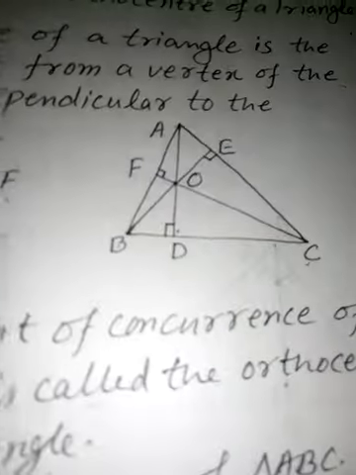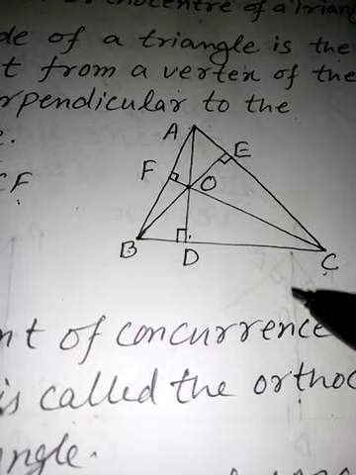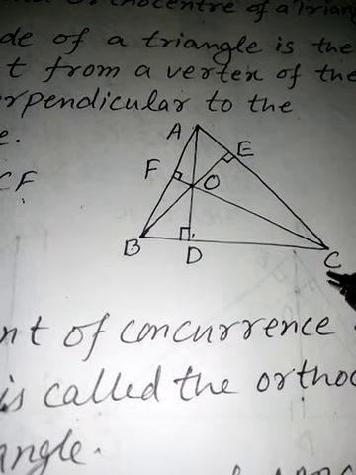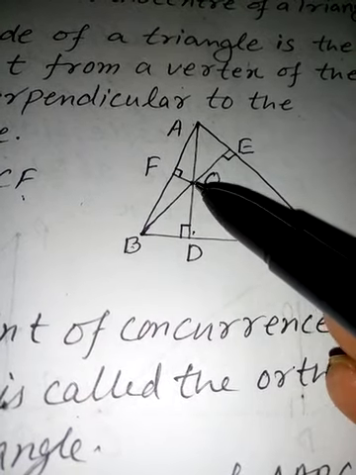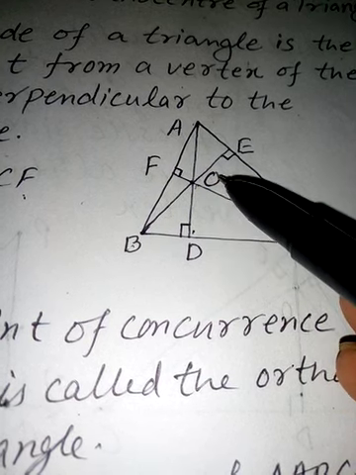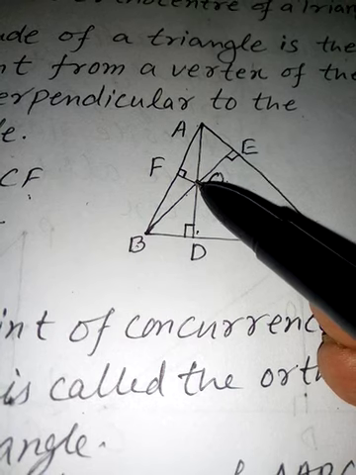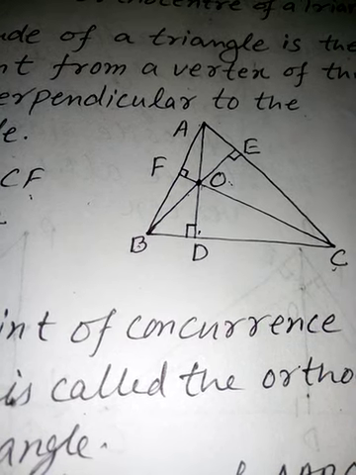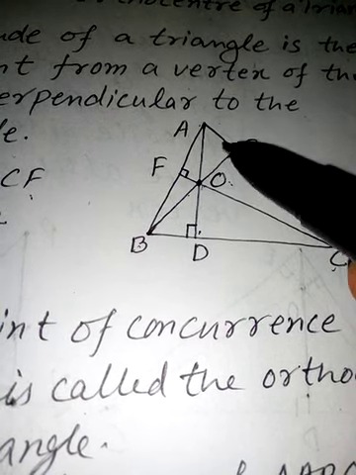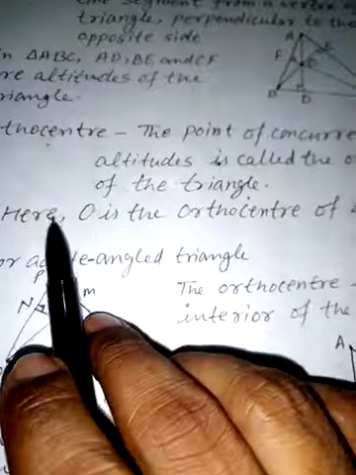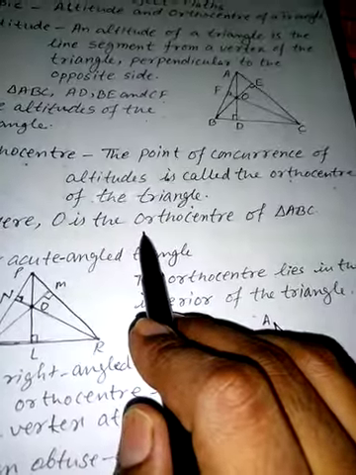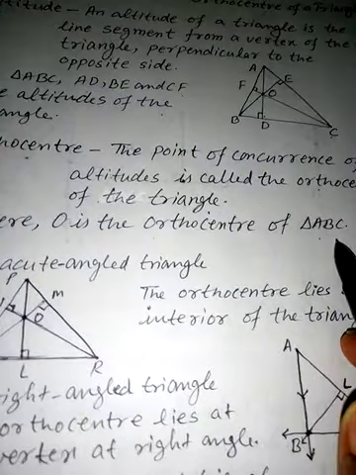You can see here all the altitudes AD, BE and CF meet at a point O. Hence, this point O is the orthocenter of this triangle ABC. So here O is the orthocenter of triangle ABC.